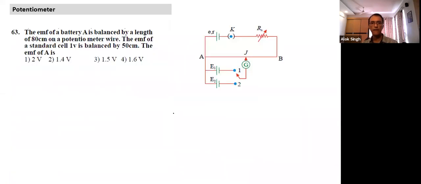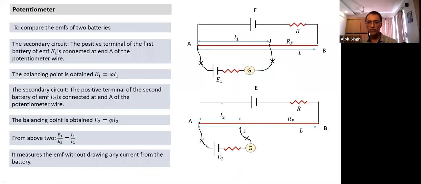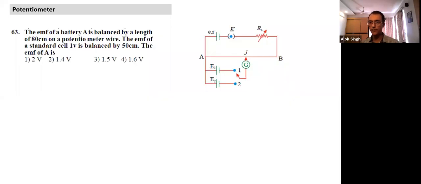Sometimes the same circuit can be, just look at the previous case and this case. I have drawn two circuits here, and sometimes those two circuits can be combined into one. How is it combined? Using a 2A key. Do you notice the previous circuit and this circuit are similar?